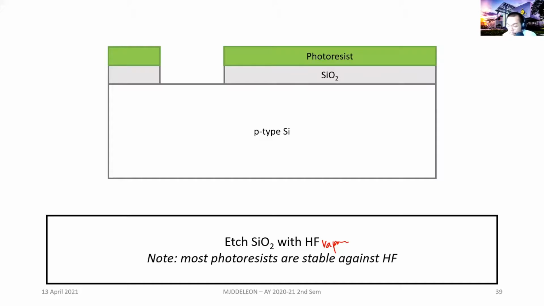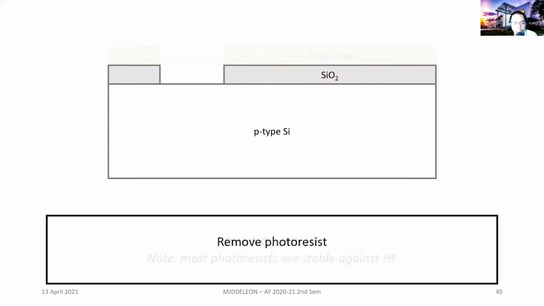So note, most photoresists are stable against HF. Yan. And now, we remove the photoresist. So we remove the photoresist using solvents. Also another way, you can also do Piranha etching. Then, we can now deposit or dope our region.